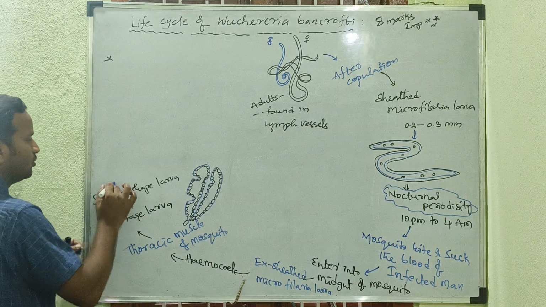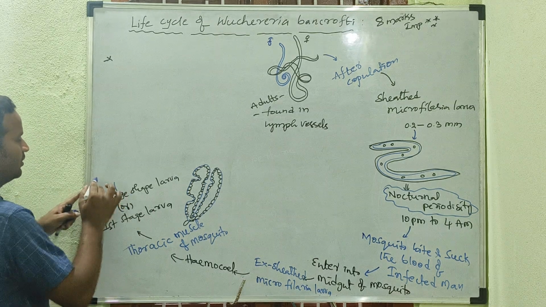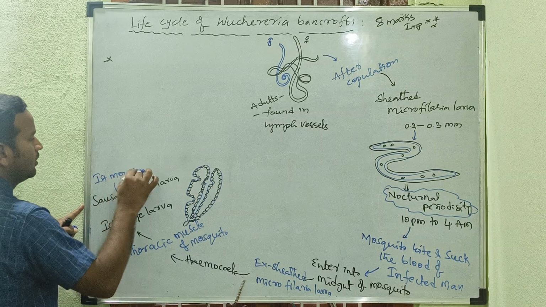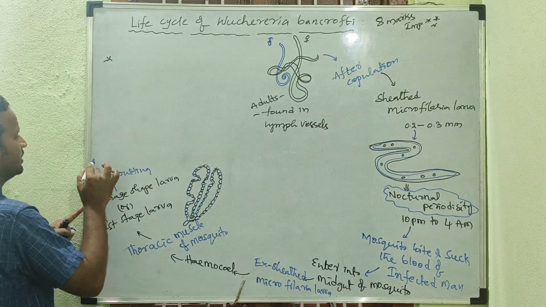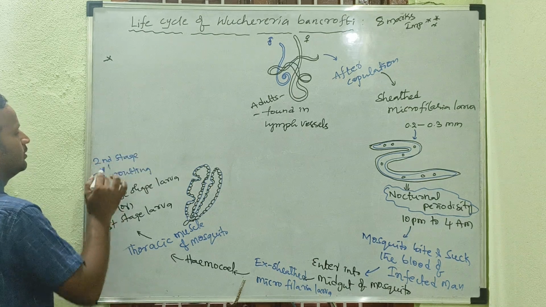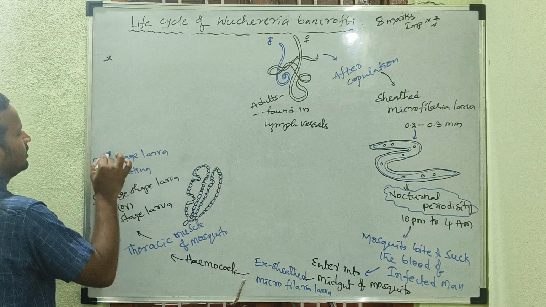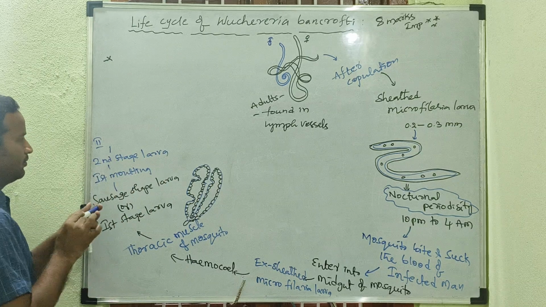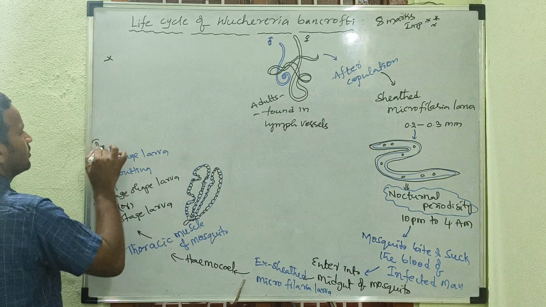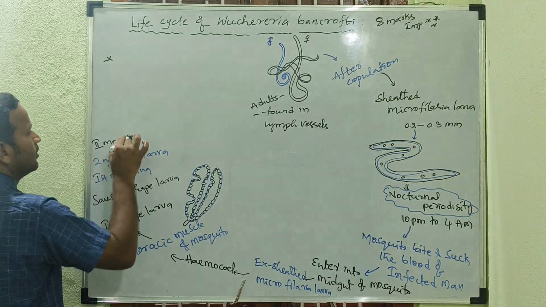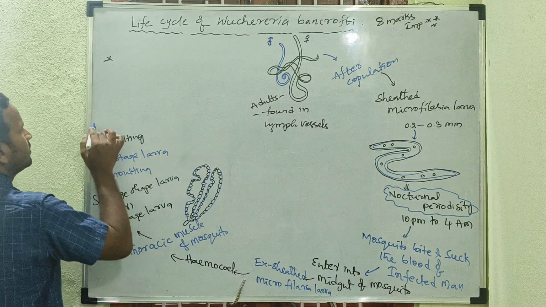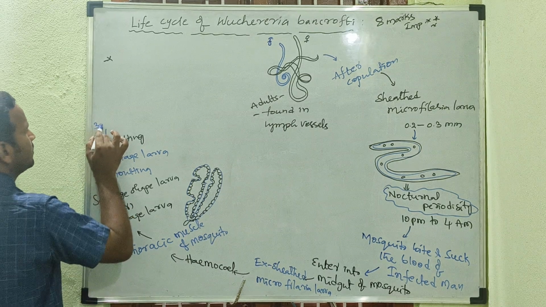Then it undergoes first molting and produces second stage larva. Second stage larva undergoes second molting and produces what? Third stage larva.